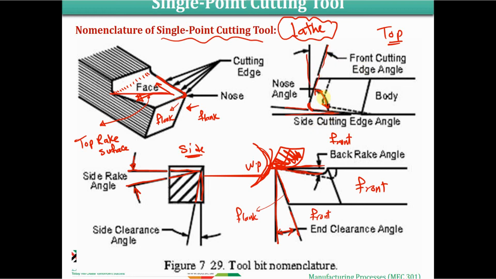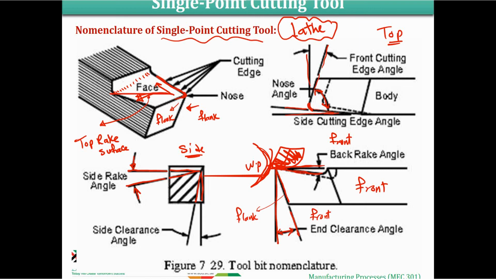So these two cutting edge angles and this angle, they do define the geometry of the final product. These angles mainly depend on the geometry of the final product, in other words, they basically define the geometry of the obtained surface.